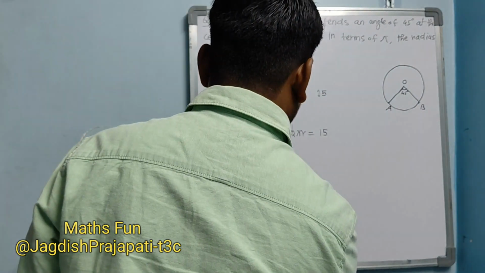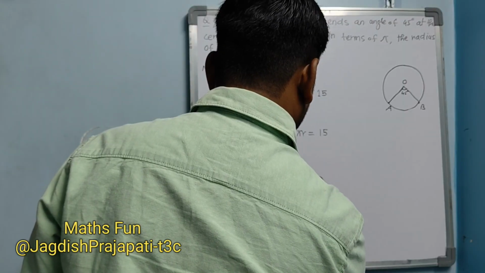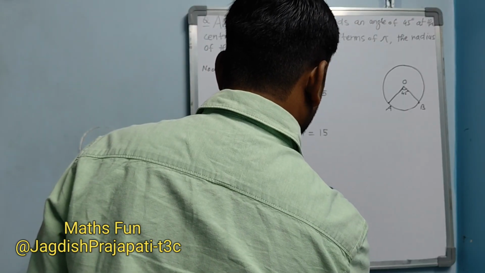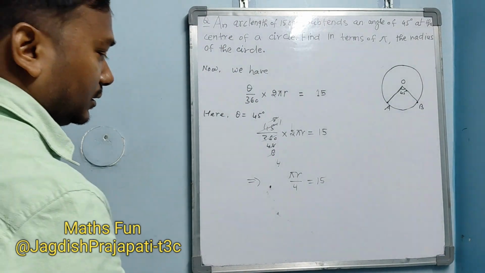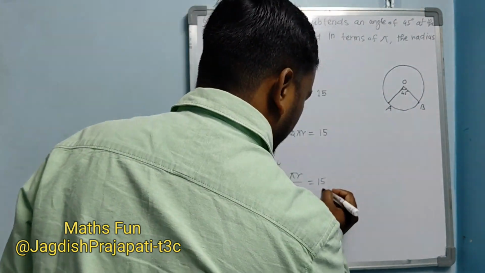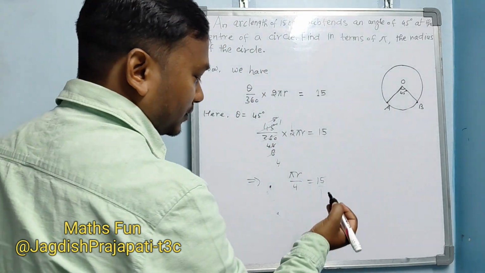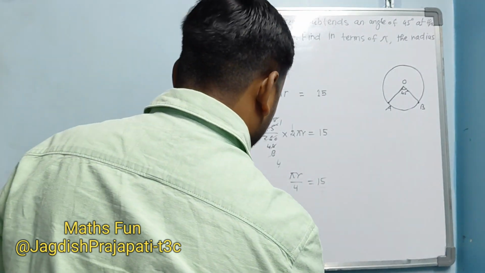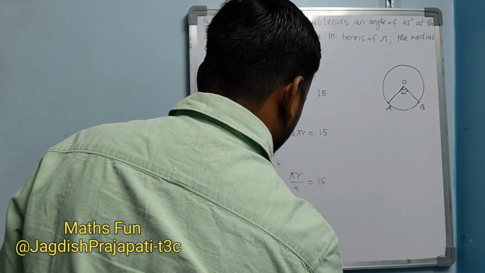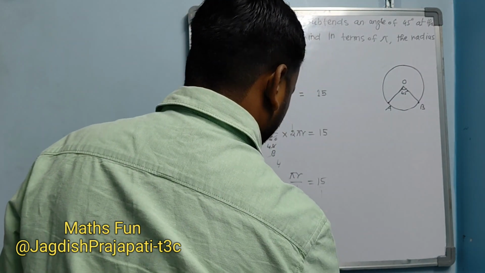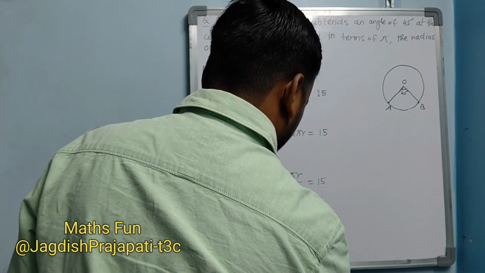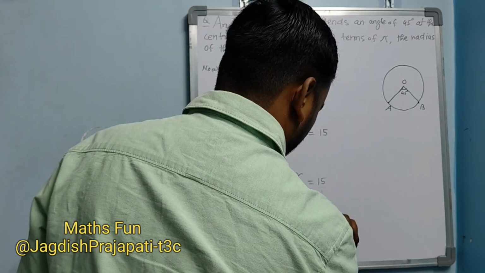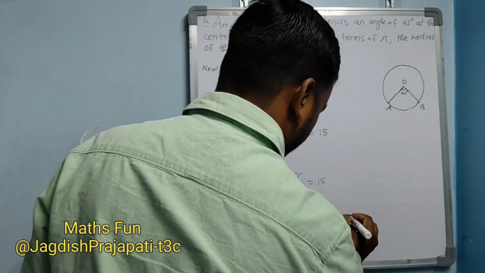So finally we are getting pi r by 4 equal to 15. We can assume 1 in the denominator. So we can use cross multiplication. So in the next step, pi r will be 4 into 15.